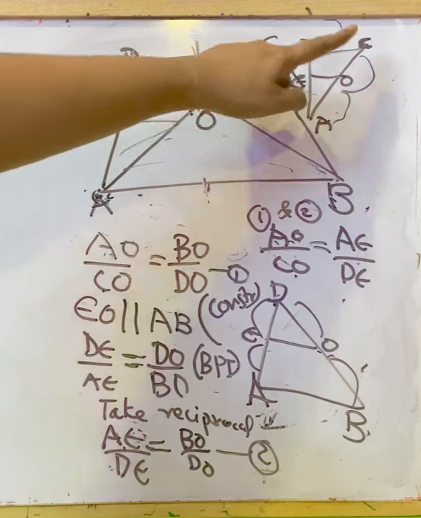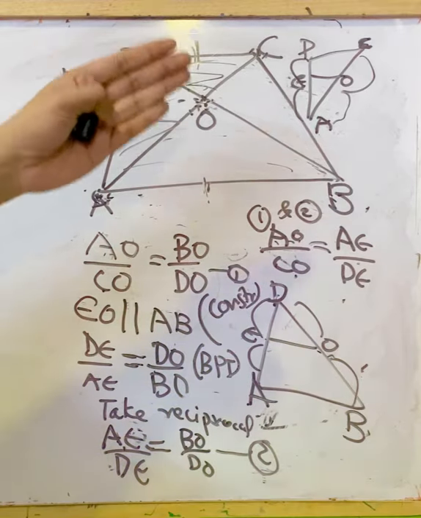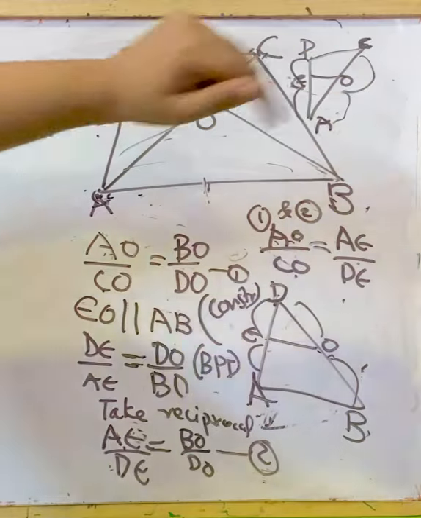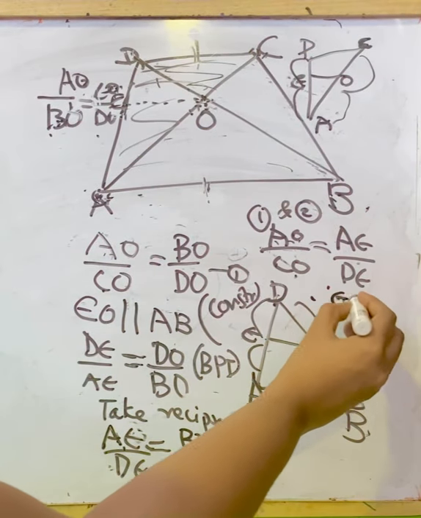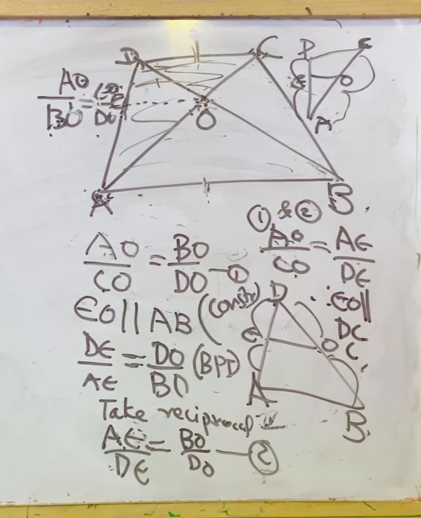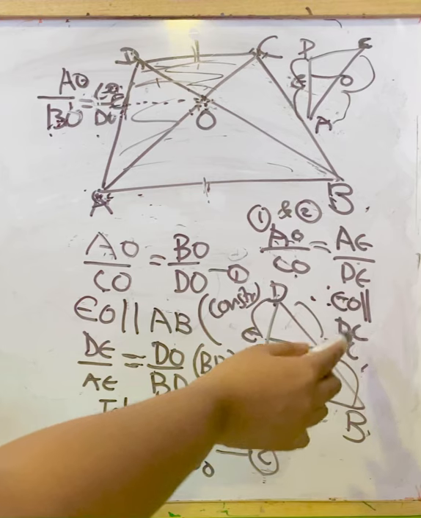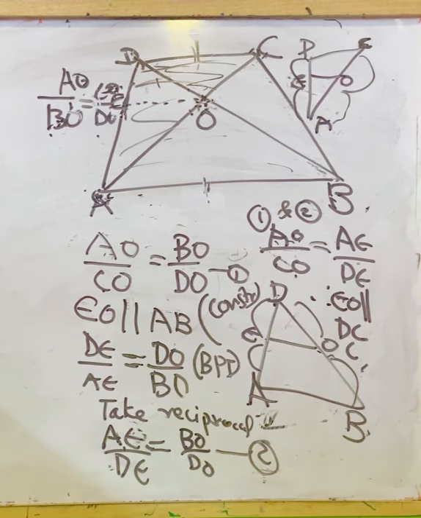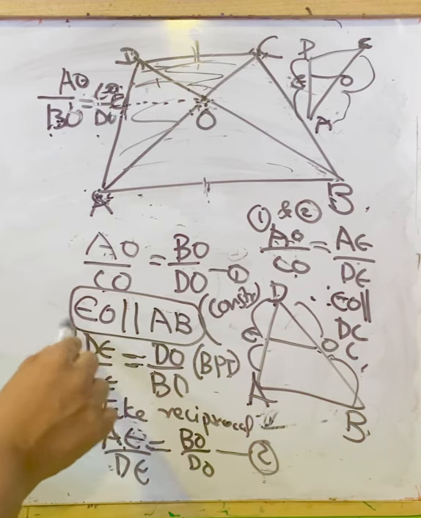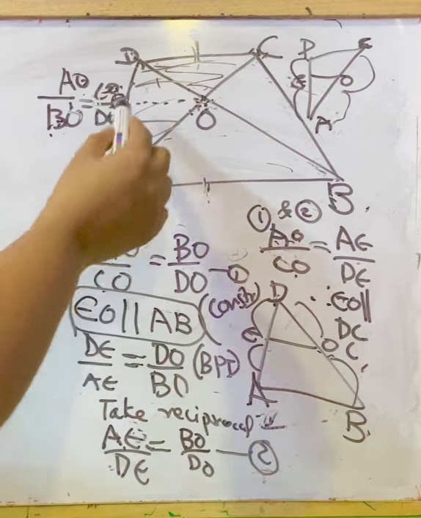So, in this triangle, proportionality is given. Then, by the converse of BPT, we can say EO is parallel to DC. It is the inverse of the basic proportionality theorem. Here we got the proportionality, so we can say parallel lines are there. Here we constructed EO parallel to AB, but we didn't know whether EO is parallel to DC.